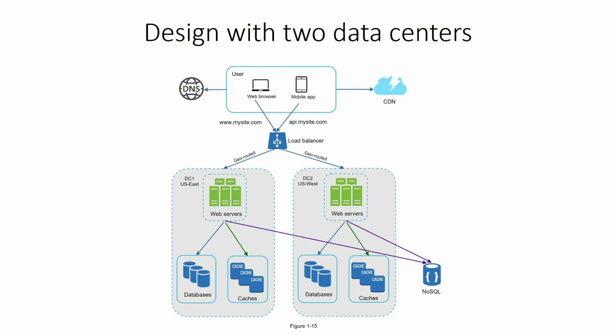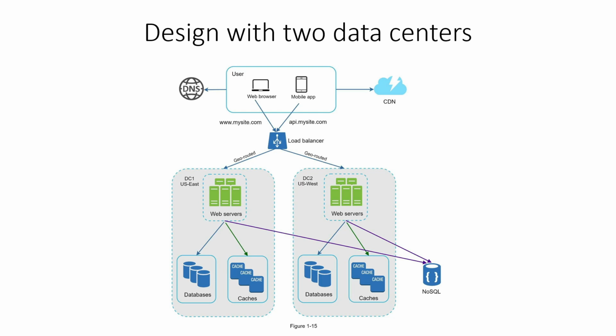In normal operation, users are GeoDNS routed, also known as geo-routed, to the closest data center with a split traffic of X% in US East and 100 minus X% in US West. GeoDNS is a DNS service that allows domain names to be resolved to IP addresses based on the location of a user.